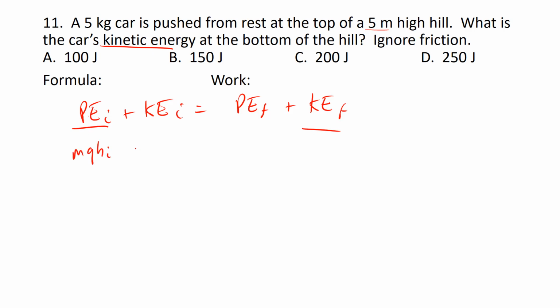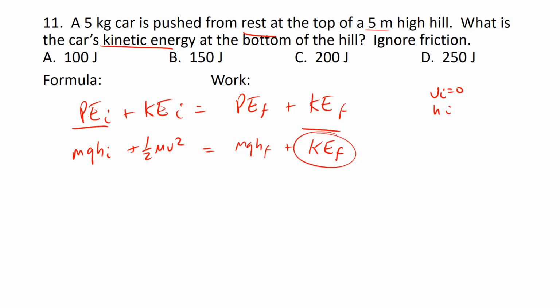MGH initial plus 1/2 mv squared equals MGH final plus, I'm just going to leave this as KE final because this is what the question is asking you for. So a 5 kilogram car is pushed from rest at the top. When we're thinking about our givens, our VI equals 0, so our initial velocity.